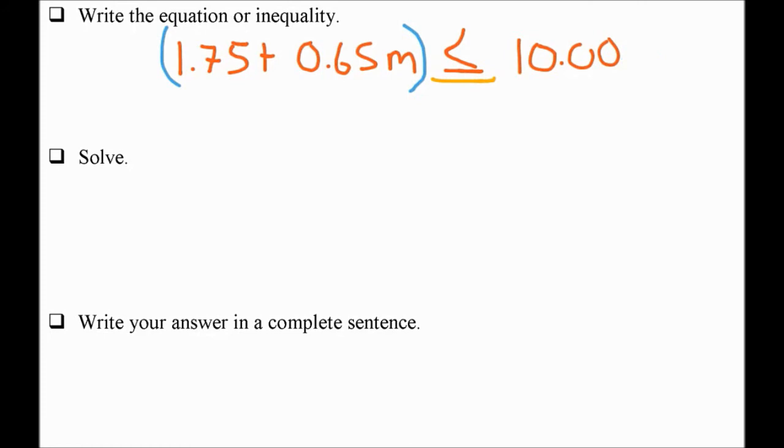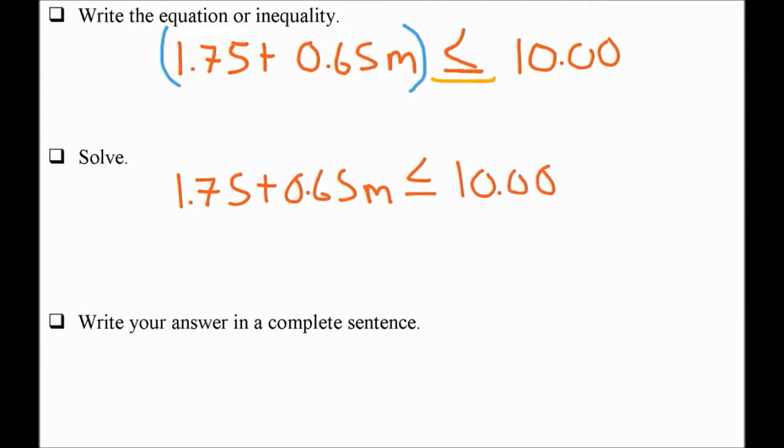Now, at this point, we want to go on to the next guideline, which is to solve this inequality, which is very straightforward. You use the exact same rules that you use if this were just an equal sign. So we put in $1.75 plus 0.65 times m less than or equal to $10.